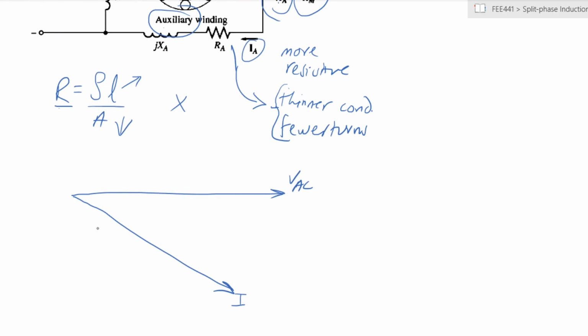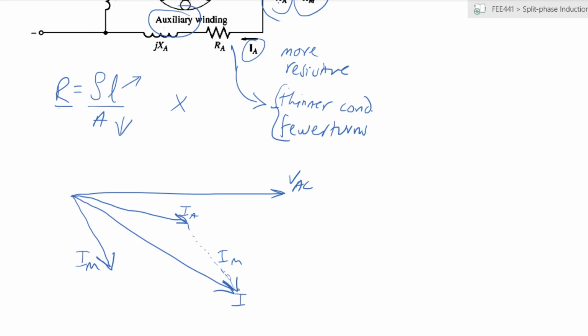In this particular case, you will have your value of IA. Because it is more resistive, the angle is closer to that of the voltage. Likewise, you will have your IM, because it is more inductive, at an angle that is greater than the two of them. The resultant, of course, is your I at the supply.